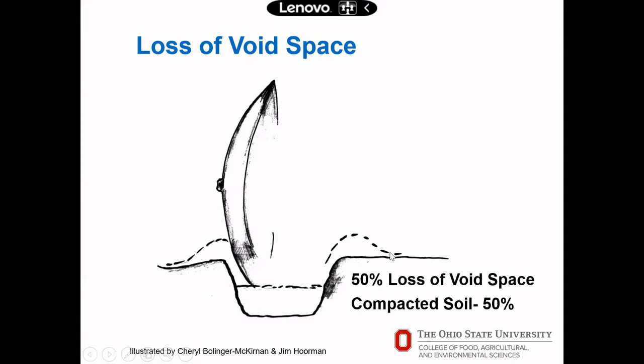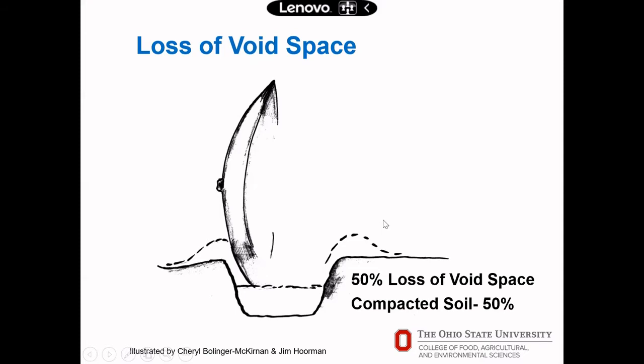So this is typically what a rut does. Now, interesting, when we go to try to fill in that rut, it seems like we always still have an indentation. What this is, we've compacted the soil. We got rid of the pore space. So disking is one of the worst things that you can do to a soil. It just absolutely pulverizes the soil, and it doesn't allow very much room for pore space.